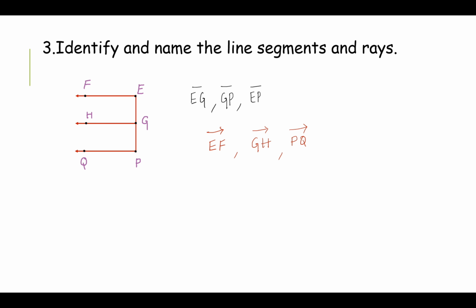So make sure your initial point is correct. Here the initial point is E, so I have taken EF. Here the initial point is G, so GH. Here the initial point is P, so PQ.